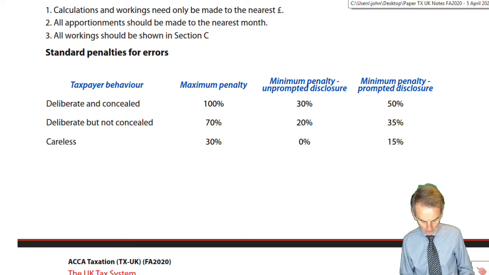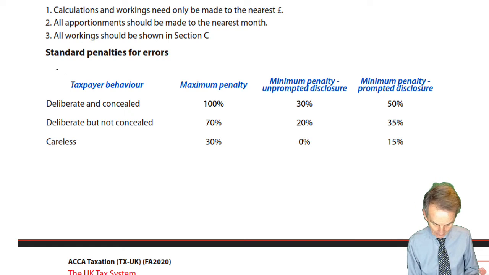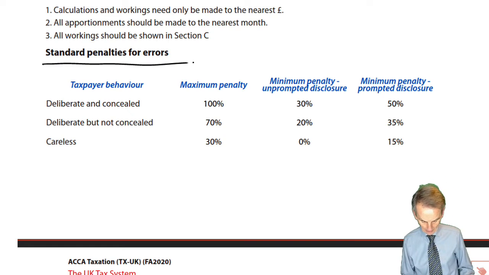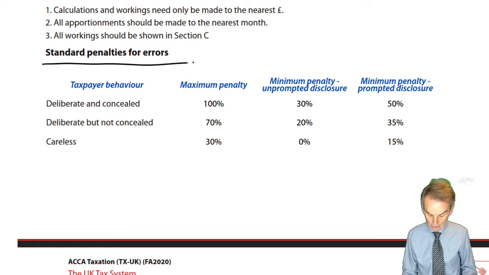And that, if I quickly go to it, this is at the front, of course, of your study notes here. Here is given the standard penalties for errors. So the information that would otherwise have been a real pain to try to memorise is now provided.